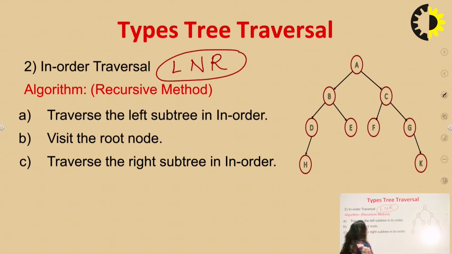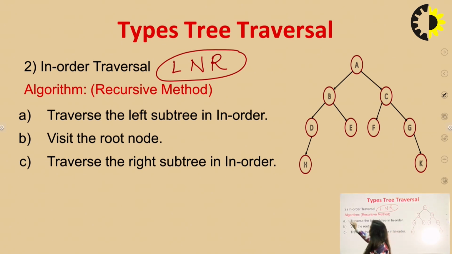So first complete all nodes of the left subtree, after that the root node, then traverse all nodes of the right subtree.